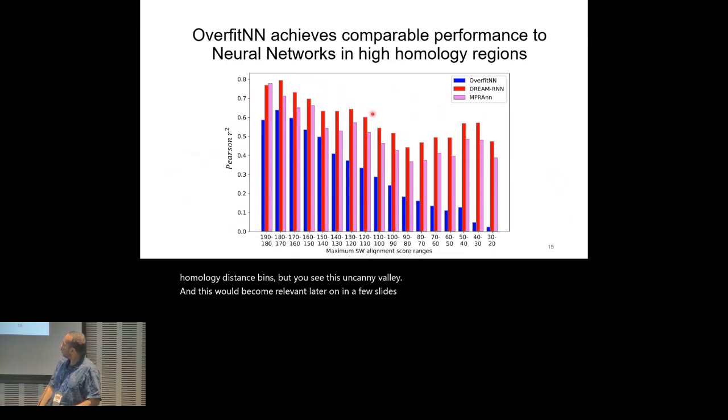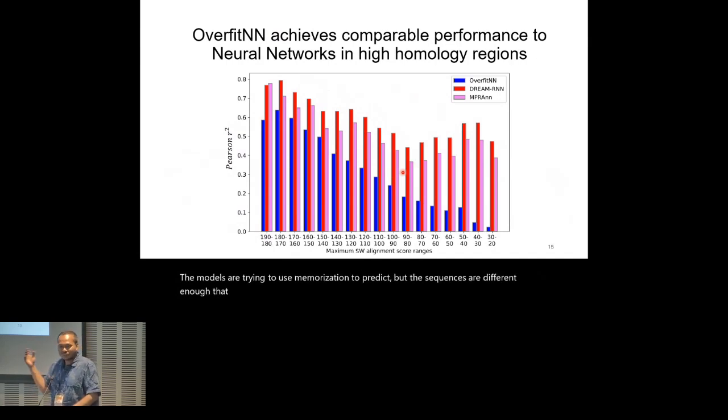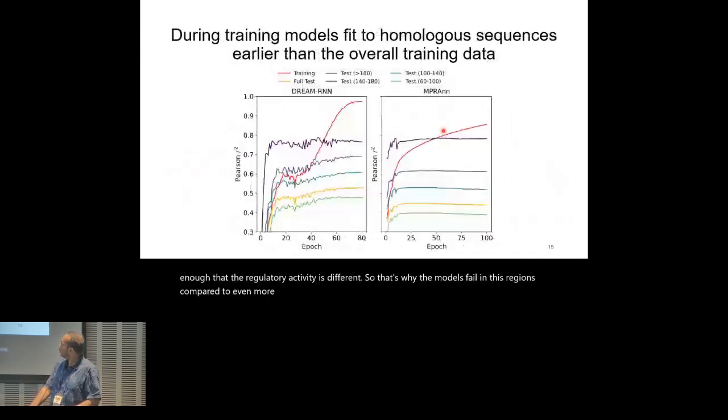One could claim that maybe in this middle region the models are trying to use memorization to predict, but the sequences are different enough that the regulatory activity is different. So that's why the models fail in these regions compared to even more distant bins.